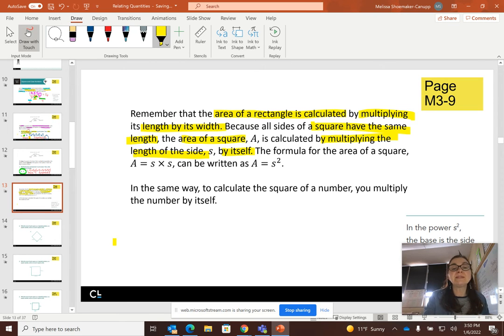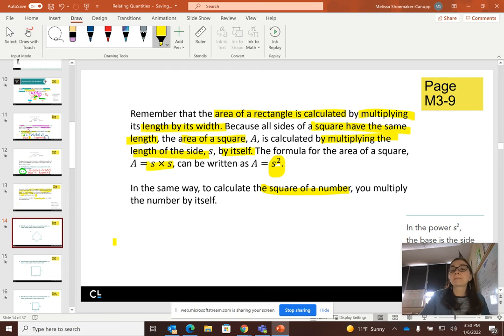What they're saying is if the length of the side is used S instead of a number, we're going to multiply whatever it is times itself, S times S, which then we can rewrite as S squared now that we have this new knowledge of powers. Okay, we call that squared. A square of a number.